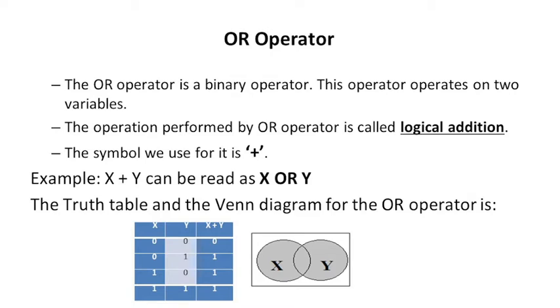The operation performed by the OR operator is called logical addition. The symbol we use for it is plus. Example, X plus Y can be read as X or Y. For the OR operator, when both the inputs are 0, the output is 0. If any one of the inputs is 1, the output is 1.